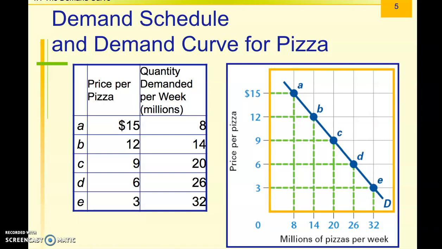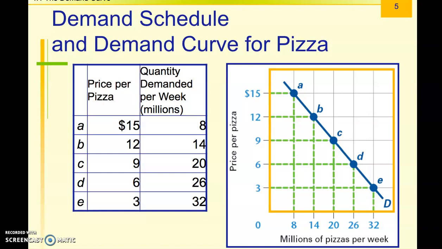The far right column is how many pizzas are demanded or bought that week. So at $15 a pizza, we have 8 million pizzas consumed or purchased that week. And you can see further on down when the price goes down that the quantity demanded or sold goes up. Okay, cheaper pizza is going to sell more than more expensive pizza.